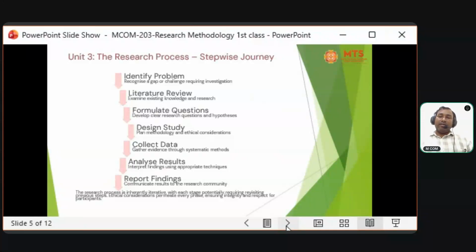This is the sixth step of the research process. And next is reporting findings, interpretation and report writing, explaining the findings and presenting the conclusions.